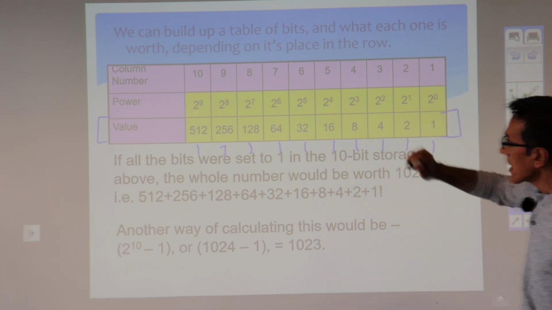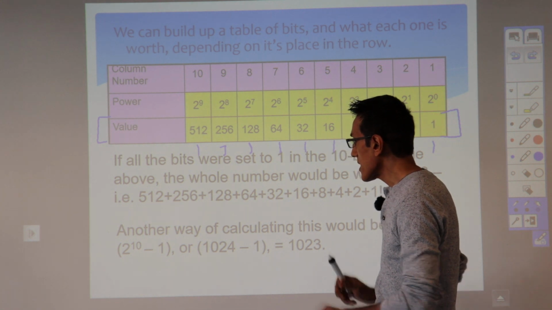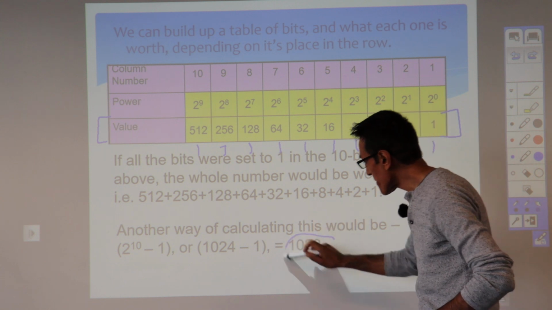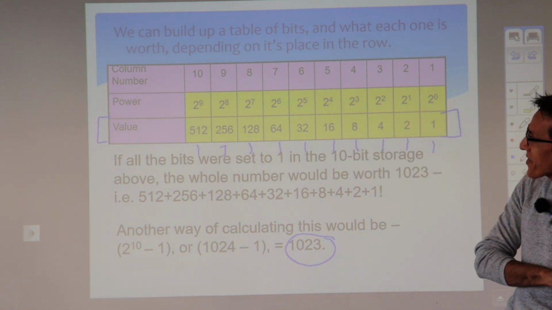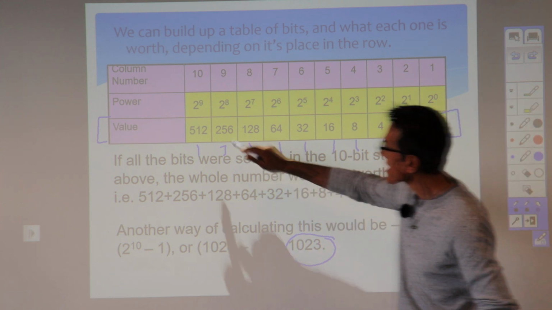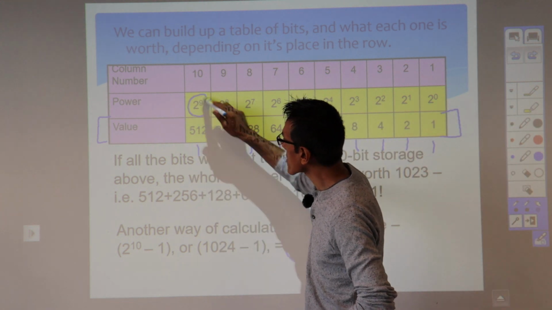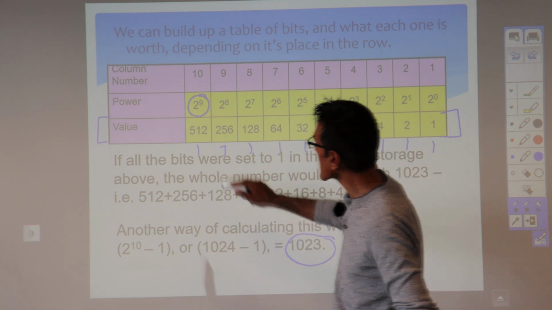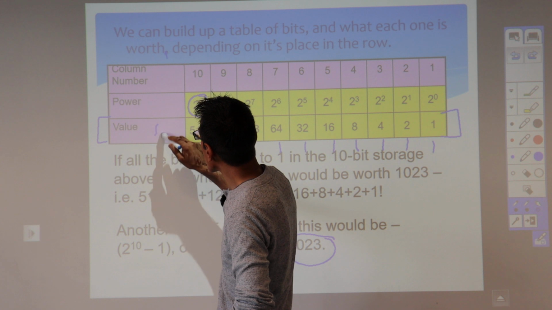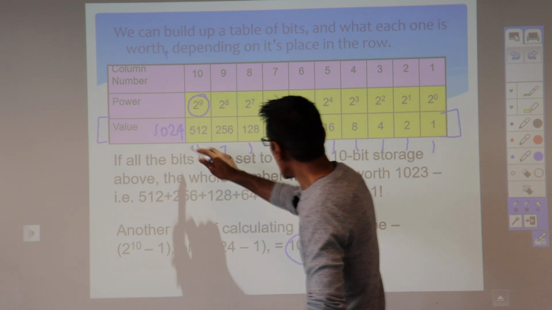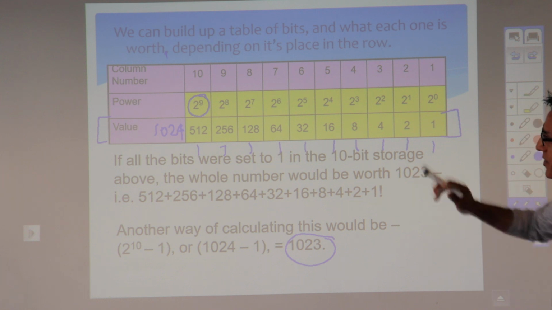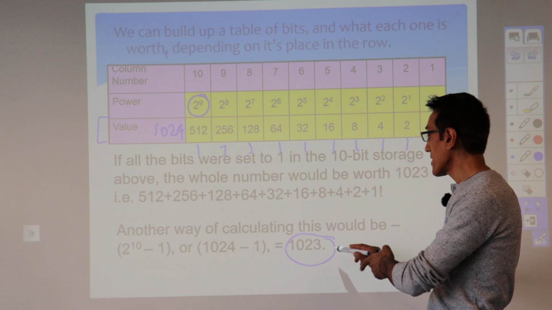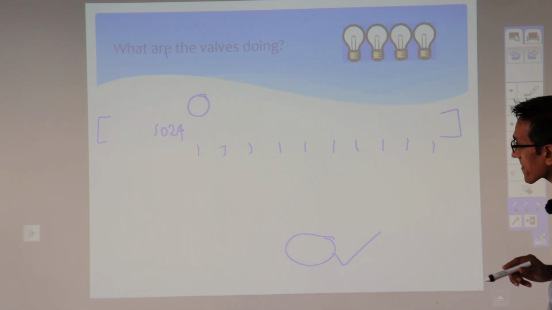Switch them all on, add all the numbers together, and we'll end up with 1023. Now if you look at the 10th column, it's 2 to the power of 9. So if we had another column here, it would be 1024. All of these bits set on is 1024, take away 1, 1023.